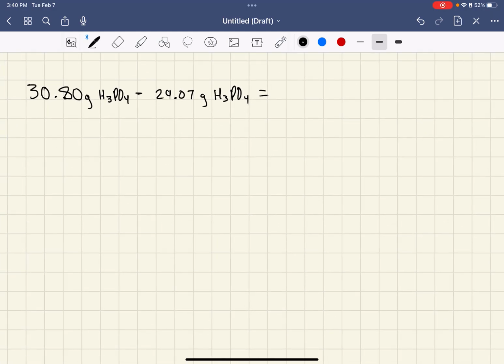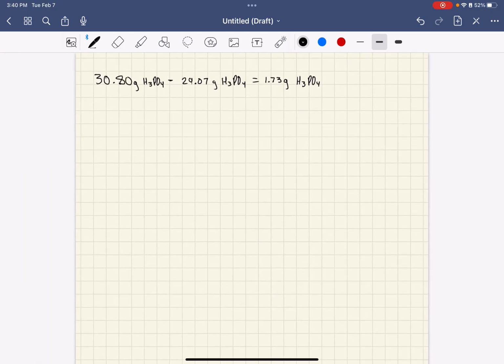So that will be 30.80 minus 29.07, and that will leave us with 1.73 grams of H3PO4. So to recap, this will be our excess remaining.